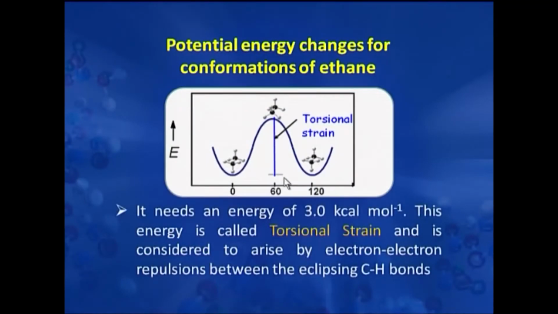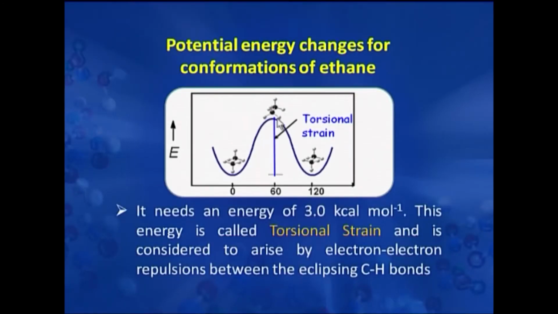As I said earlier, there is some energy barrier between these conformations. That energy barrier is about 3 kilocalories per mole in the case of ethane. The staggered conformation is more stable by 3 kilocalories per mole than the eclipsed conformation.